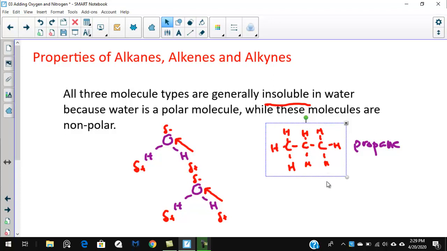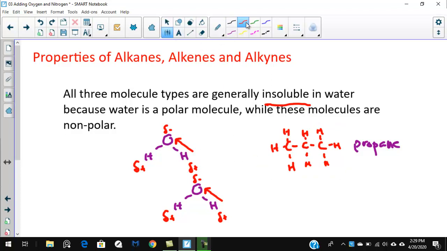So propane, methane, acetylene, all the different kinds of compounds we've looked at so far will not really dissolve in water because they can't get in between two molecules and break them apart so that it can dissolve. So that doesn't happen with alkanes and alkenes and alkynes.